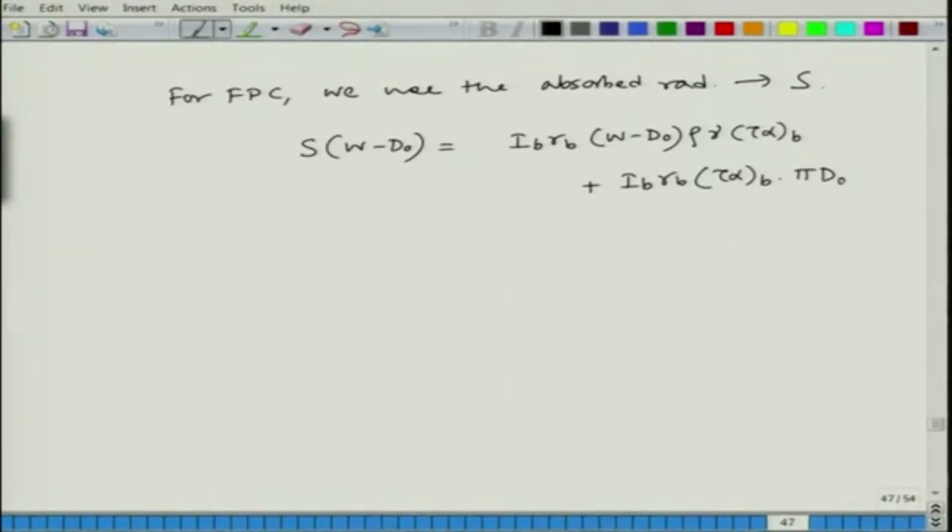So, these are the first two terms in the expression of dQ dot, and that is the input which is coming, and we can write it in terms of S into the effective aperture width.